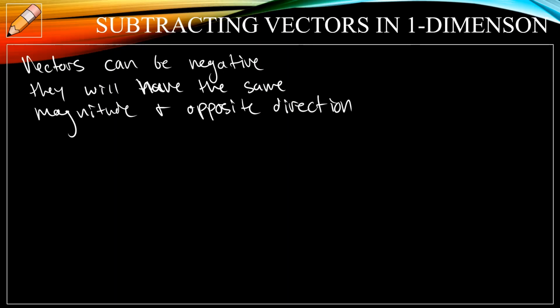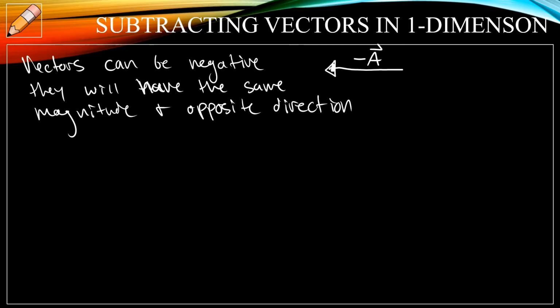If a vector is negative, you can write it by just putting a negative sign in front of it. So let's go back to our good friend vector A. If we wanted to talk about negative A, then we would write the vector A with the same magnitude, but just pointing in the opposite direction.